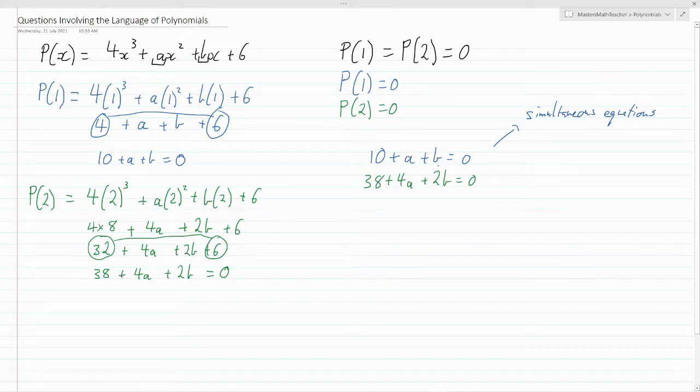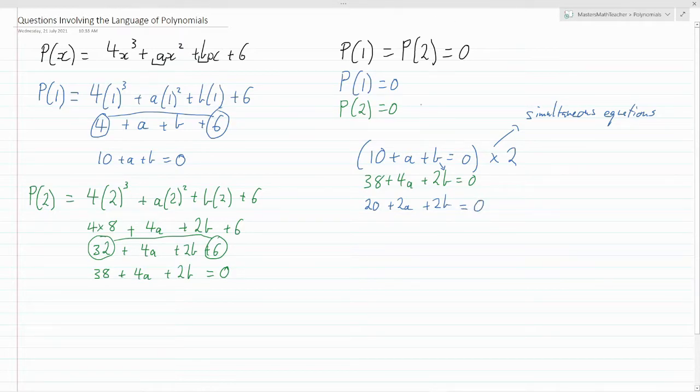So to eliminate, I notice that the b I only have to times by 2. I could eliminate the a by timesing by 4. However, timesing by 2 is a little bit easier than timesing by 4. I'm going to times this whole equation by 2. So we're going to end up getting 20 plus 2a plus 2b equals 0 times 2, 0.